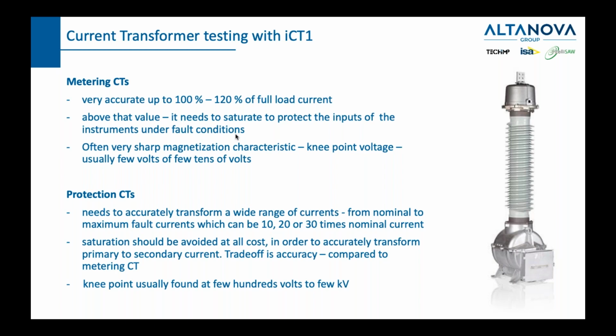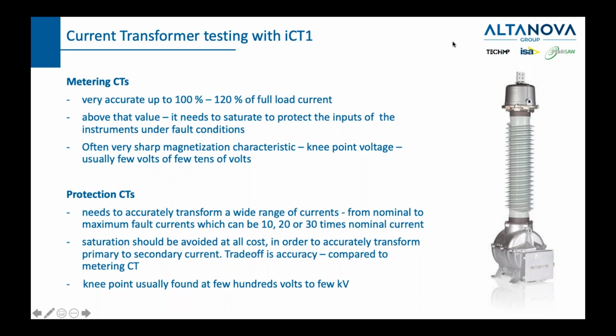So they also often have a very sharp magnetization characteristic, which we will see in the next slide. And metering CTs have a knee point of up to a few volts or a few tens of volts. So the knee point is not bigger than, let's say, 50 or 70 or maybe 100, because they need to saturate fast. So this is metering CTs.